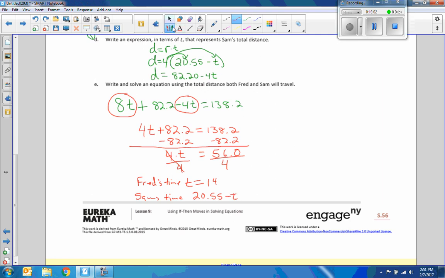Okay, this is Sam's time we're working on. 20.55 minus t, and I know t is 14, so it's going to be 20.55 minus 14, okay? And it might be easier for you to do it this way. Line things up. 5 minus 0 is 5, 5 minus 0 is 5, 2 to 1, 10 minus 4 is 6. So Sam's time is 6.55 hours. Fred's was 14 hours.